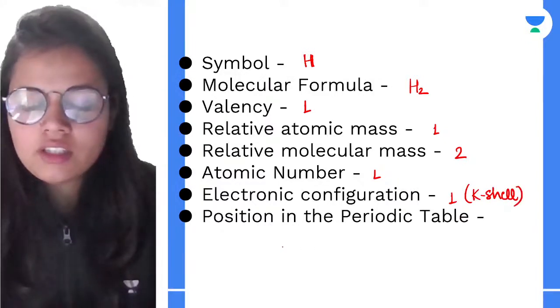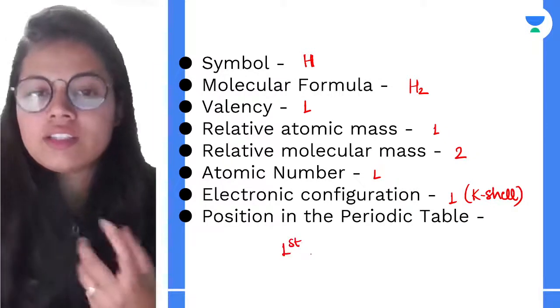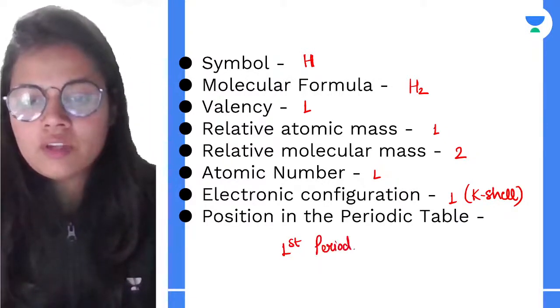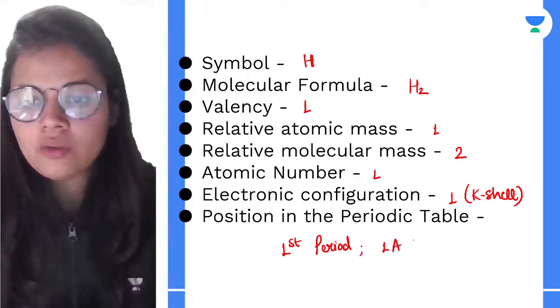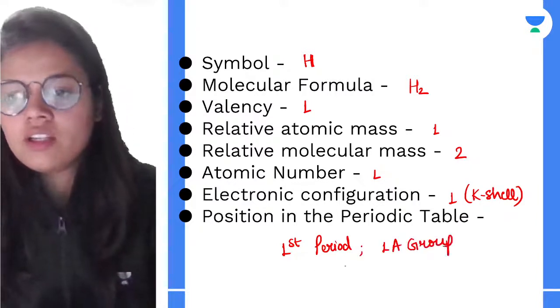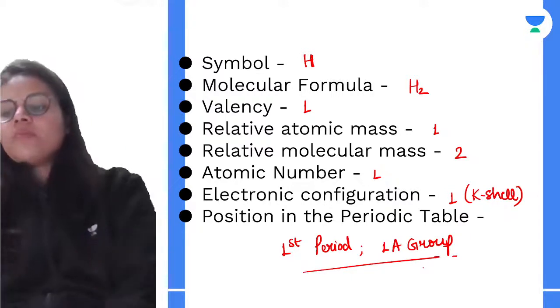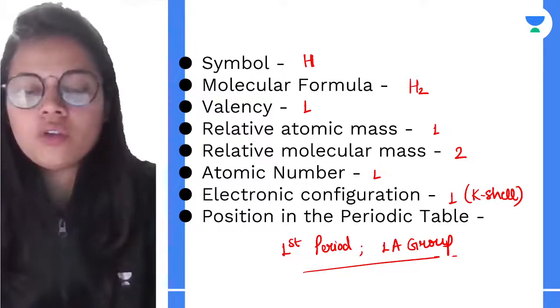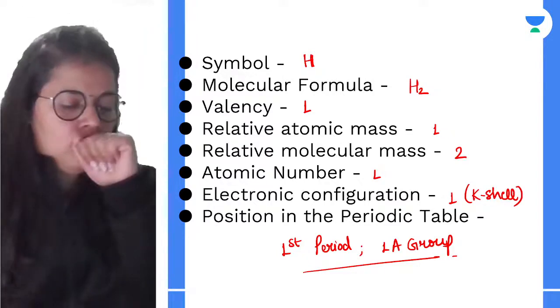Its position in the periodic table, although it is a matter of controversy, is still the first period and group 1A of the periodic table. So these are the basic things about hydrogen that you should know before we go on to further things.